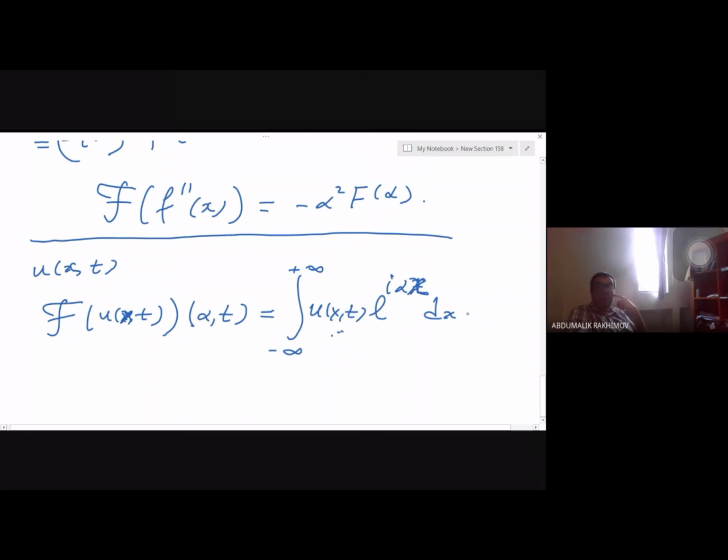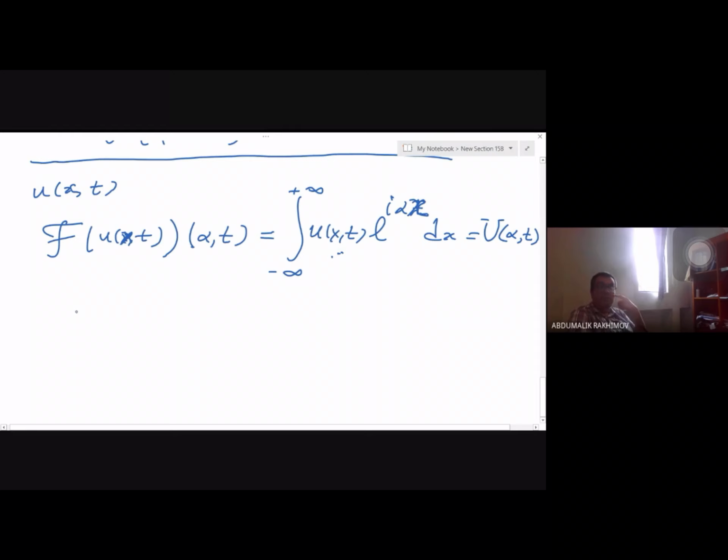Now let me denote this by U capital. U capital is a function of alpha and t. So what job is done by this transformation?